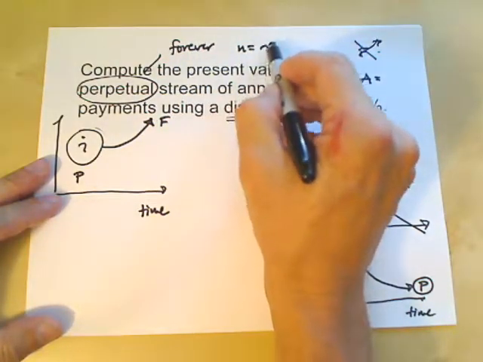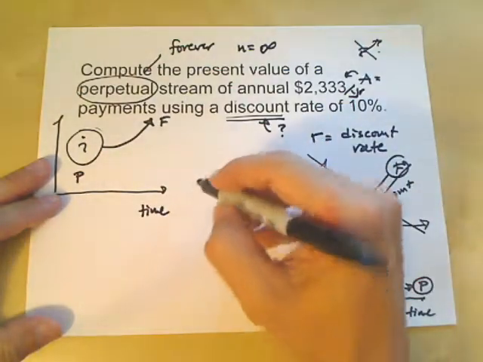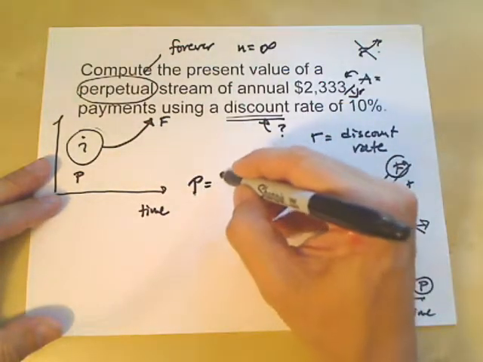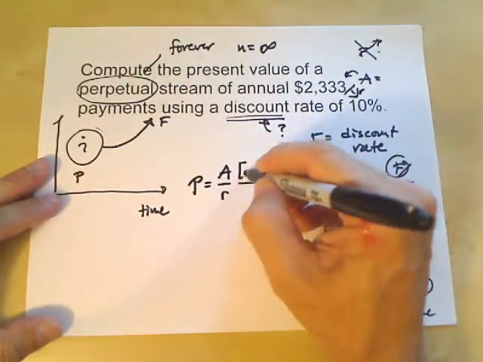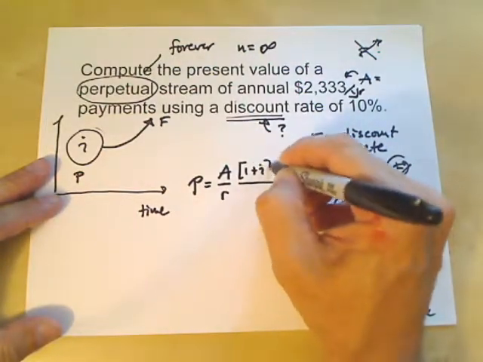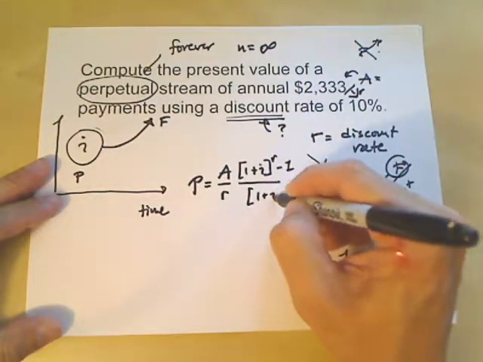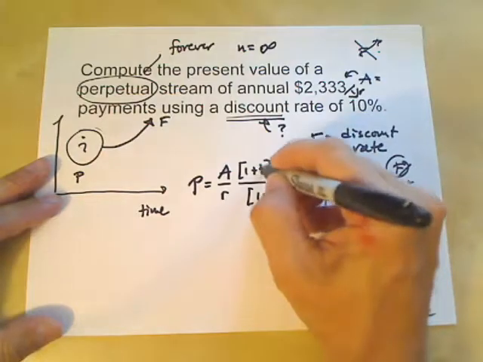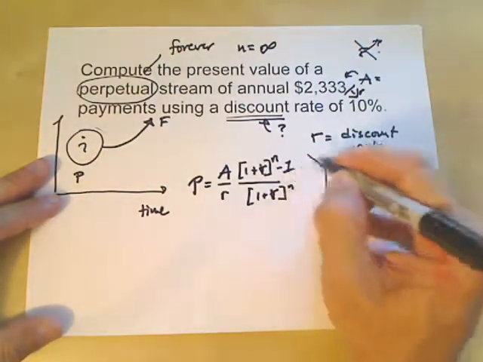N equals infinity. We do have a formula that relates P equals A over R, times (1 plus R)^N minus 1, all over (1 plus R)^N.